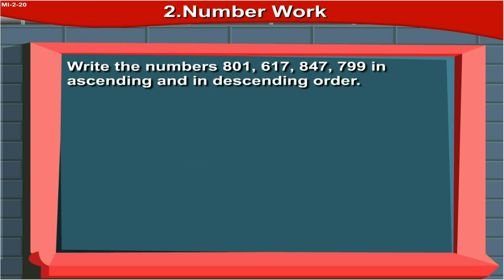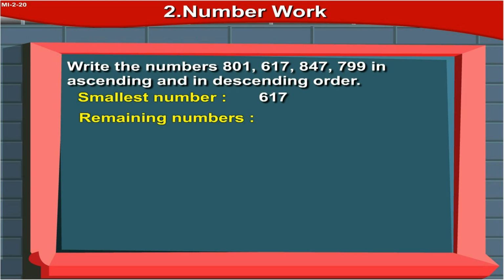Write the numbers 801, 617, 847, 799 in ascending and descending order. Well, if you notice, the smallest number is 617.